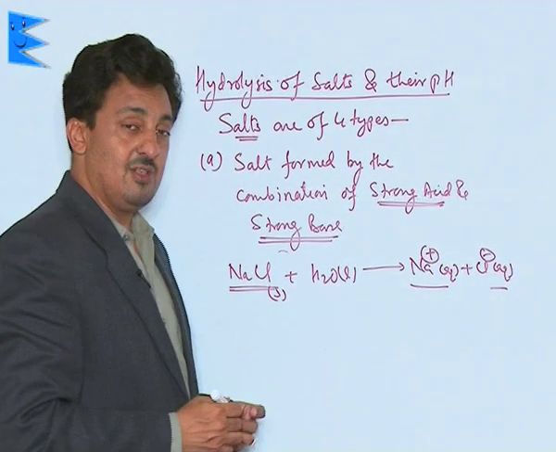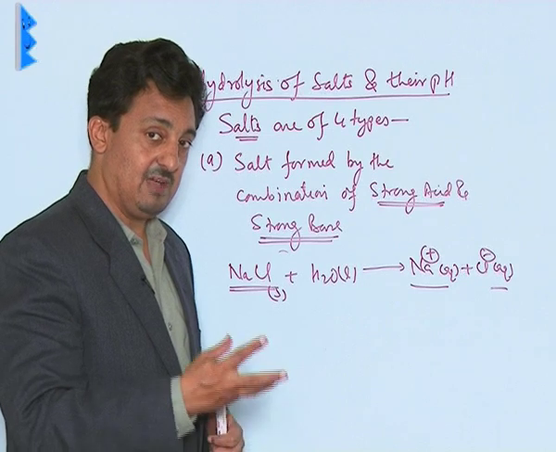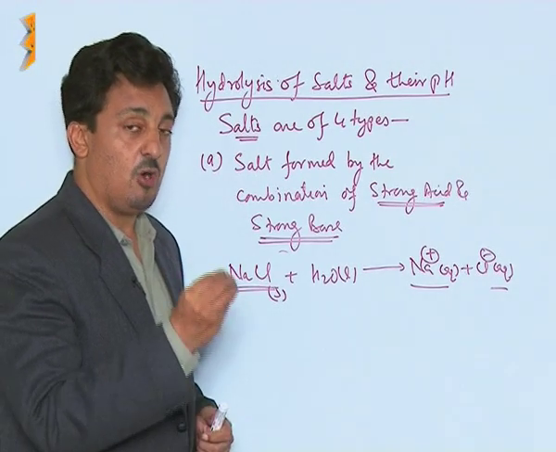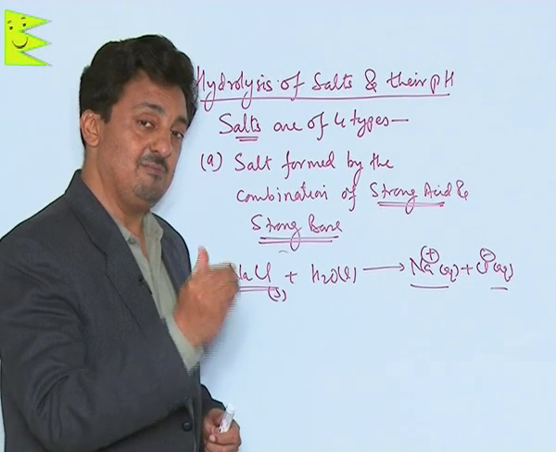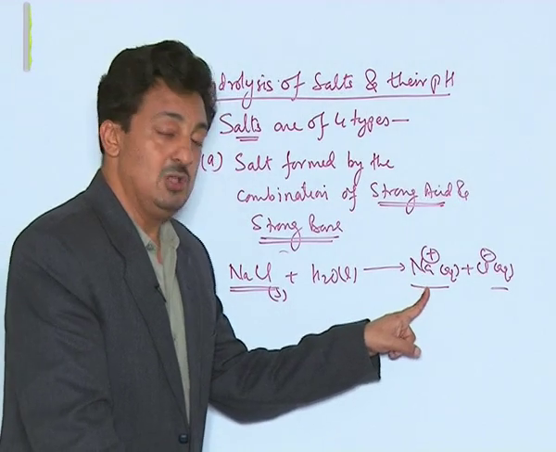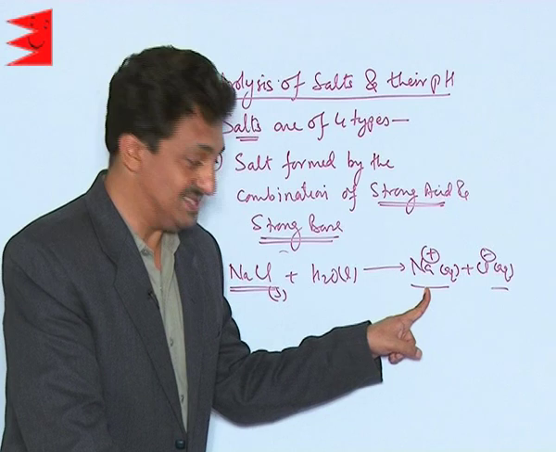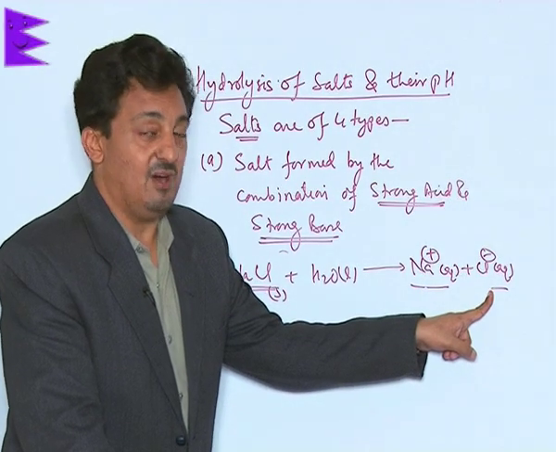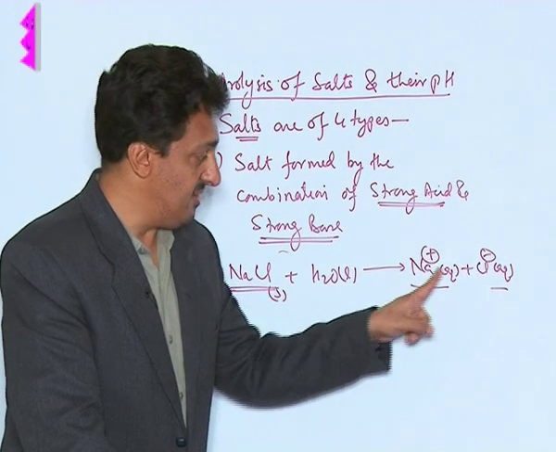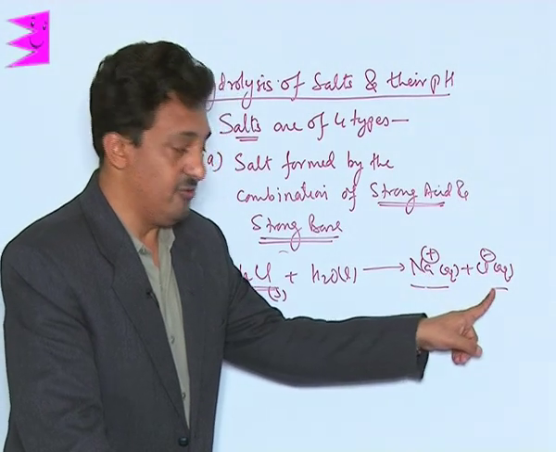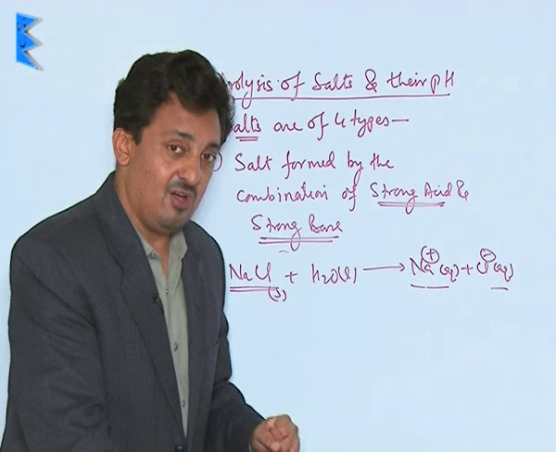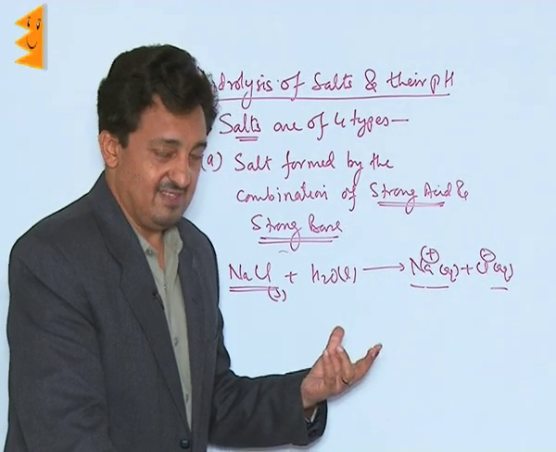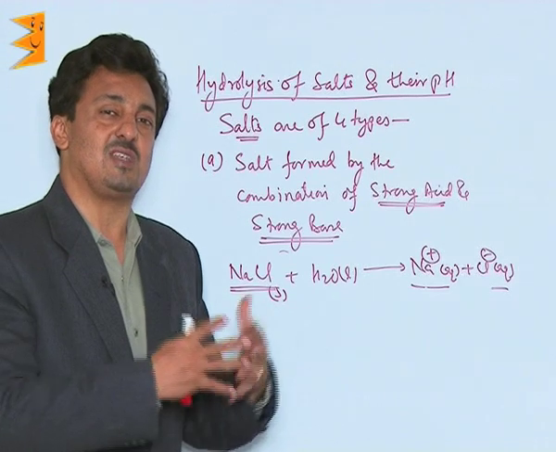These sodium and chloride ions existing in the aqueous medium are very strong conjugates: Na+ is the conjugate acid of the NaOH base and Cl- is the conjugate base of HCl. These are very stable conjugate acids and bases, which are not going to react with water again.